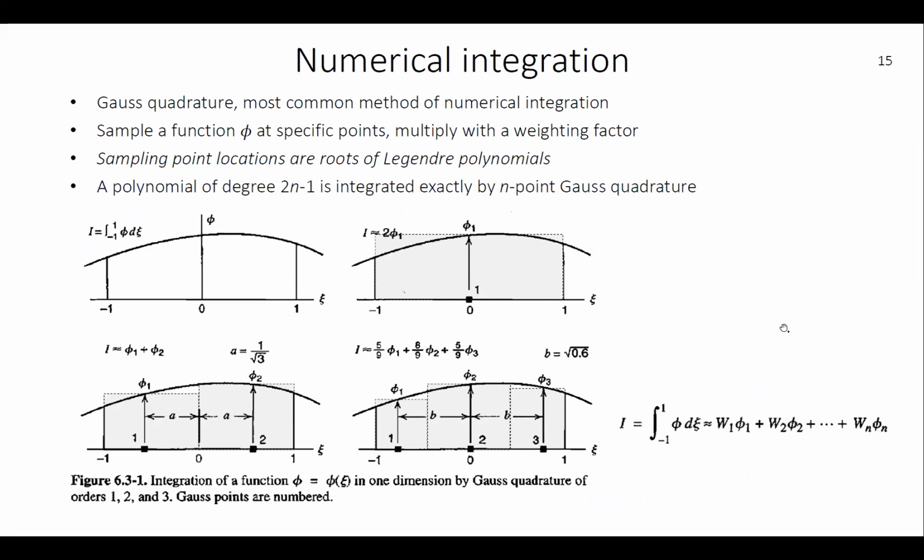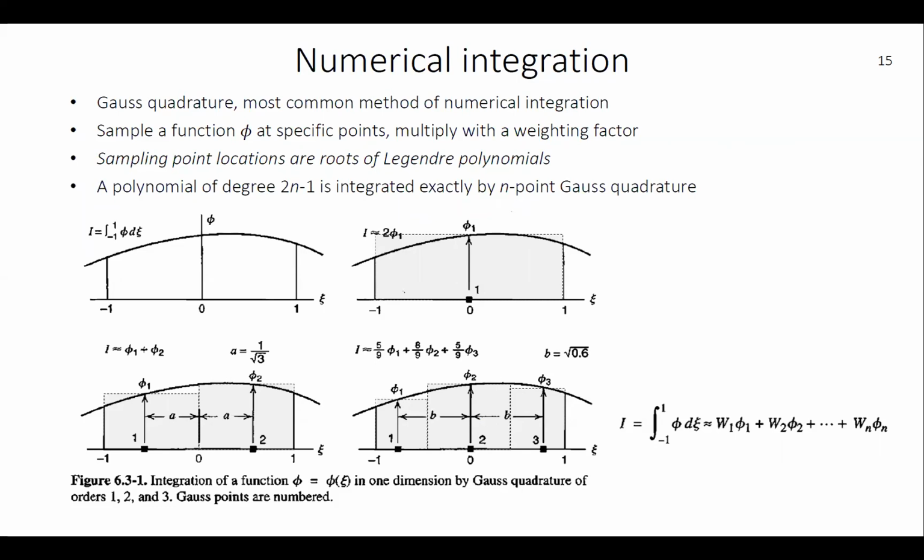So for that purpose, we will resort to numerical integration of this double integral, or in 3D elements a triple integral, at least for solid elements. Now I'm going to talk a little bit about the numerical integration scheme, and the most common one is the Gauss quadrature, which is just a method of numerical integration.